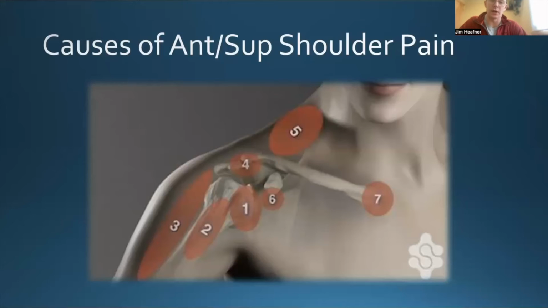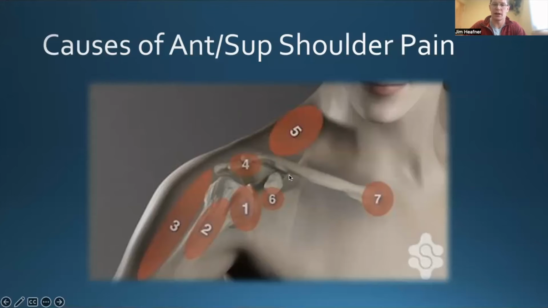So similar to how we talked about the case study at the very beginning of the lecture, let's talk about some potential causes of anterior superior shoulder pain, just from a differential diagnosis standpoint. If they come in and have pain anteriorly and superiorly, we could think it's subacromial impingement syndrome. It could be a rotator cuff tear. It could be AC joint pain, so number 4 on this.